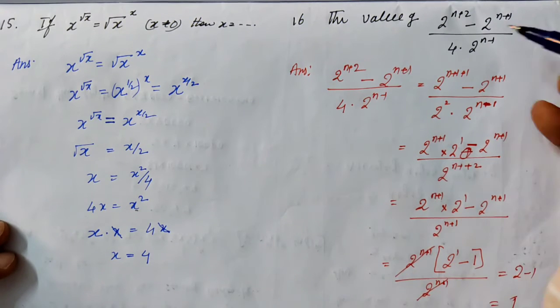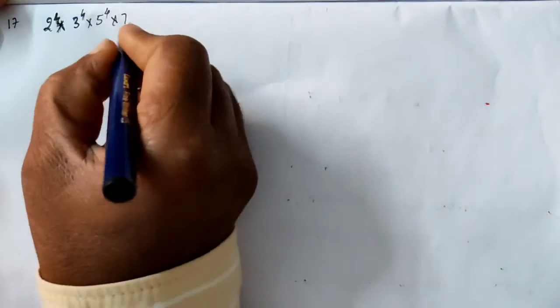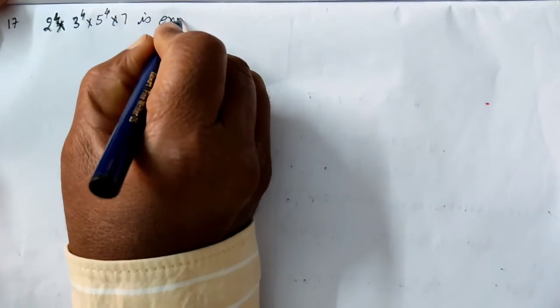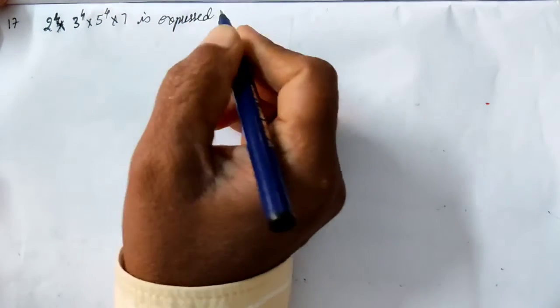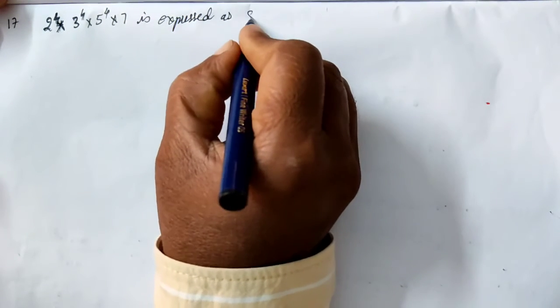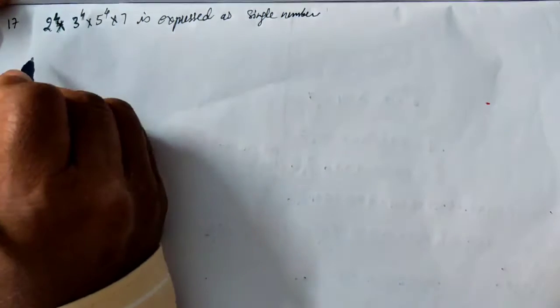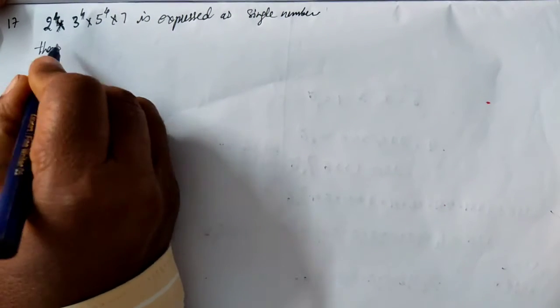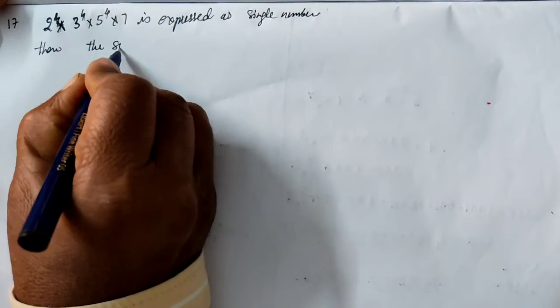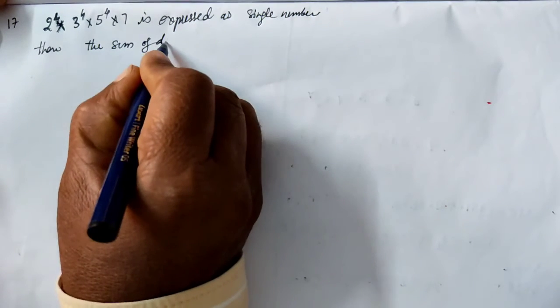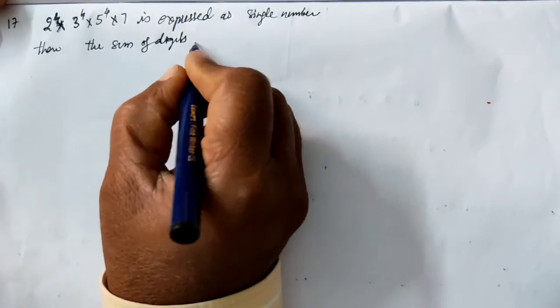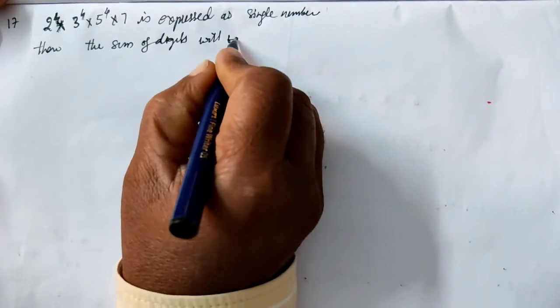So this is the answer for this value. Now the 17th question: 2 to the power of 4 into 3 to the power of 4 into 5 to the power of 4 into 7 is expressed as a single number, then the sum of the digits will be dash.